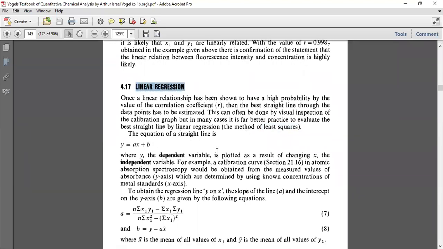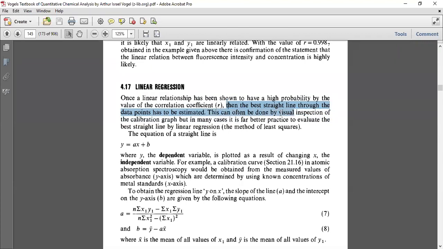First we will take a quick review of what it is exactly. Once the linear relationship has been shown to have a high probability by the value of the correlation coefficient r, so initially we have done the exercise where the r value is very close to 1, then once the linear relationship is established, the best straight line through the data points has to be estimated.